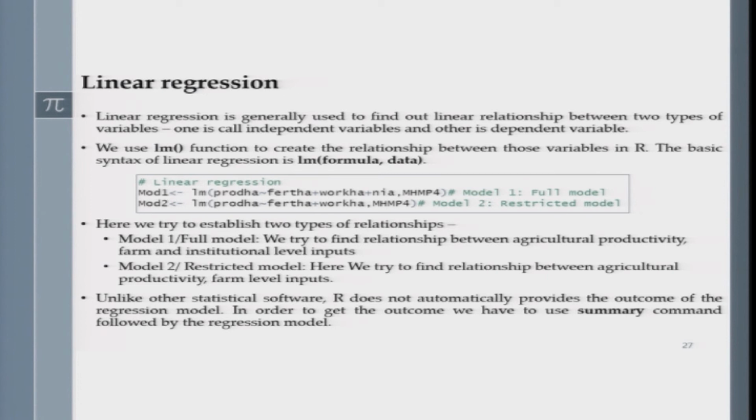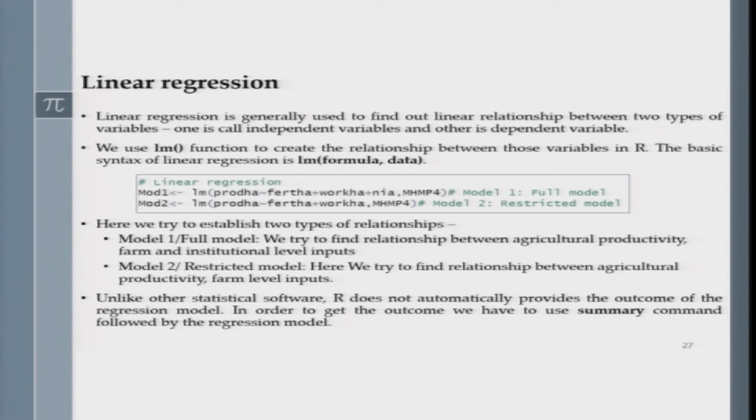You run two different linear regression models, and you can name them model 1 and model 2 by putting that hash sign, and then you type the name that you are giving to each of them, that is, full model and restricted model. You can see the codes clearly written in the box.